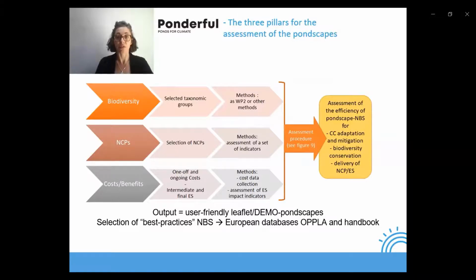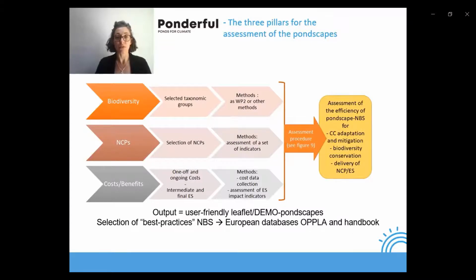The information covers the following 3 topics, or the 3 pillars of the assessment: biodiversity, nature's contribution to people and ecosystem services, and costs and benefits. Additionally, some basic descriptive information will also be collected to characterize the investigated pondscape.